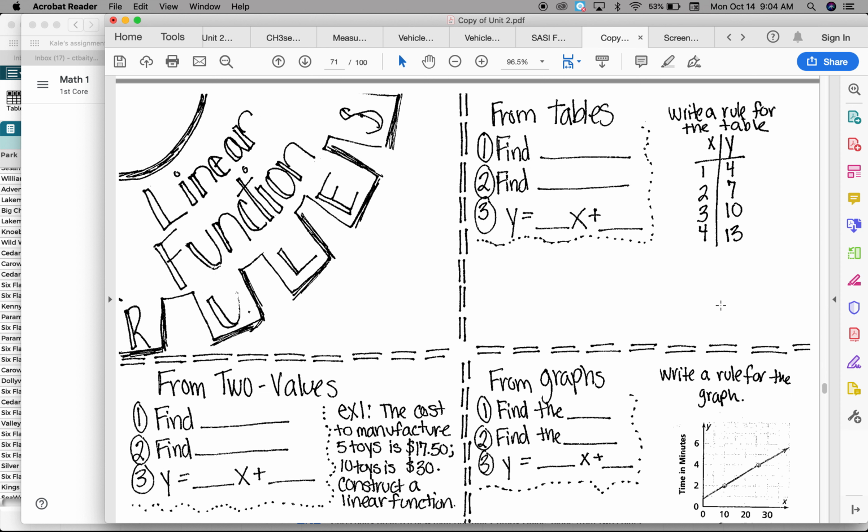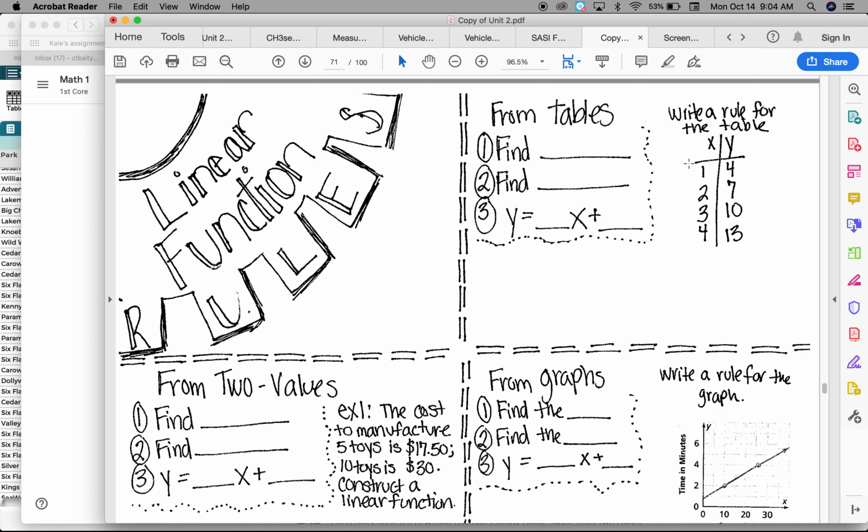Now to find the y-intercept, I can do that one of two ways. I can work my way backward from the table. So I see that the change of y here is 3. From 4 to 7 is 3, 7 to 10 is 3, 10 to 13 is 3. And the change of x from 1 to 2 is 1, from 2 to 3 is 1, from 3 to 4 is 1.